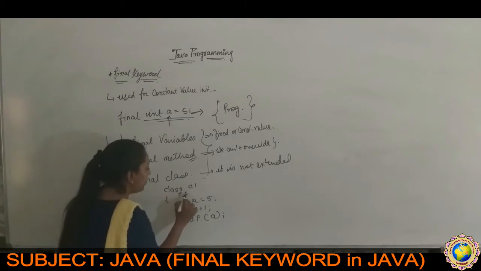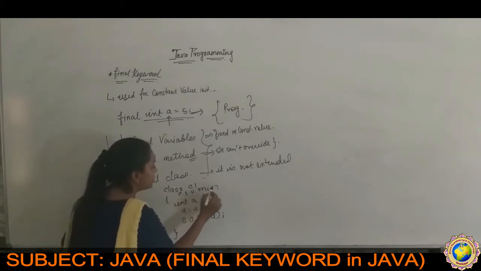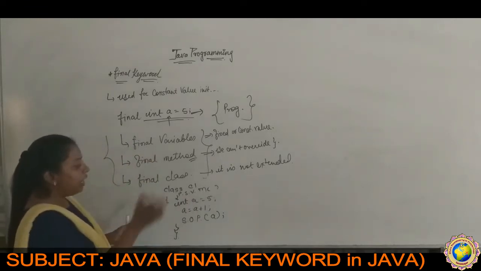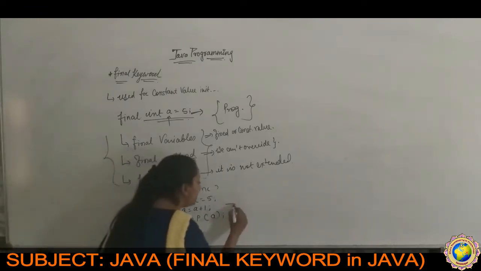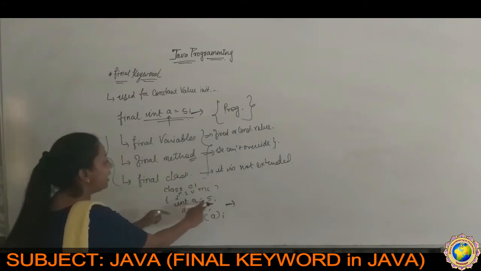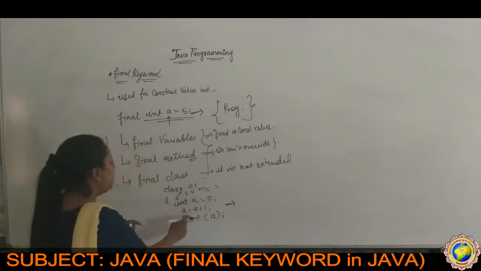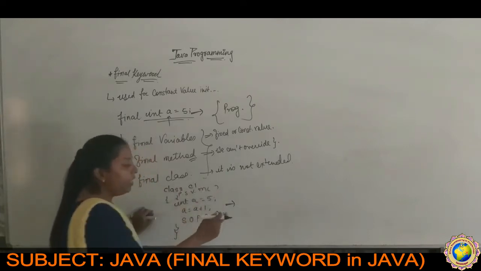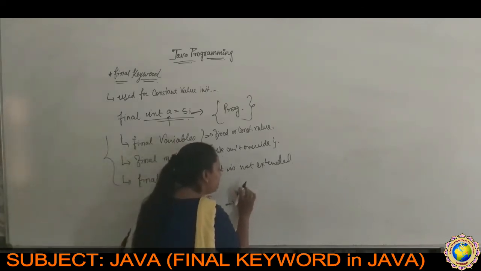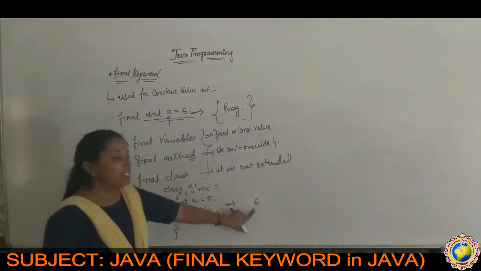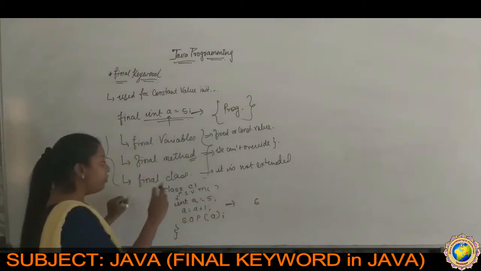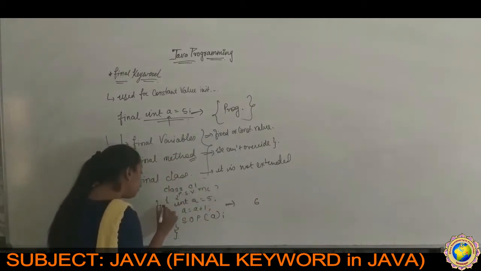Public static void main we can write here with String args. So what happened? Ultimately, the value of a is 5, and a = a + 1, so what will be the value of a? That will be 6.